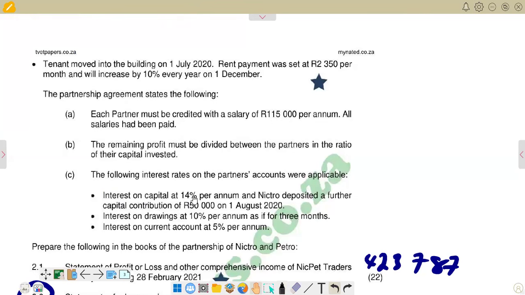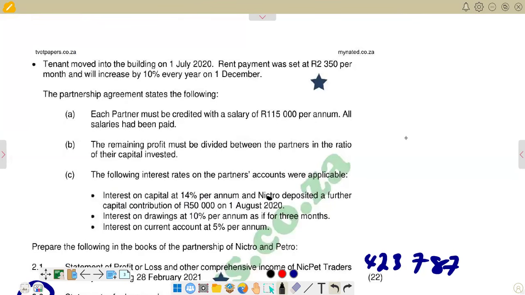Interest on capital, we've got 14%. So and then 40% per annum, and neutral deposit and further capital contribution of 50,000 rands of 1 August 2020. So what does it mean? It means for the total balance that we are given there for neutral, the 50,000 of that balance was deposited on 1 August.